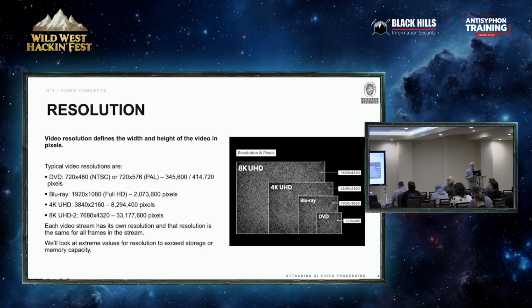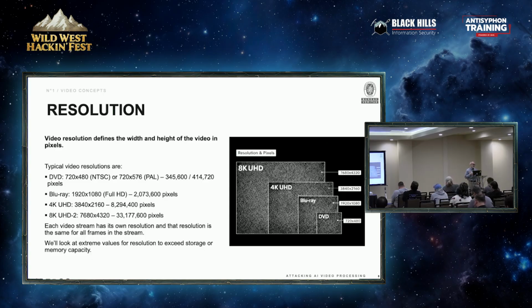So we dig into the properties. Resolution, people are pretty familiar with that. That's the width and the height of the visuals in pixels. There are some typical resolutions there for DVD, Blu-ray, 4K, 8K. The important part here is if you look at the right where it says the number of pixels, you see as we go up that number of pixels increases exponentially.